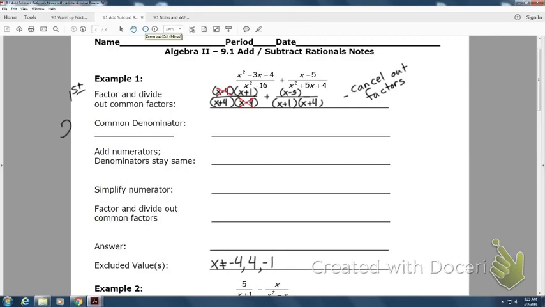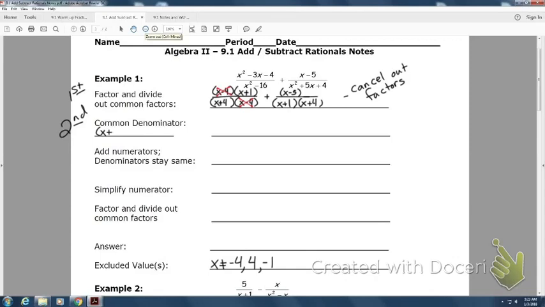Okay. The second step, you're going to want to identify the common denominator. This is one that, once you get your mind wrapped around how to find it, I think is pretty easy. Some people struggle doing that though. All you do is look all the way across the whole problem at the factors that are left in the denominator, and for your common denominator, you just list them.